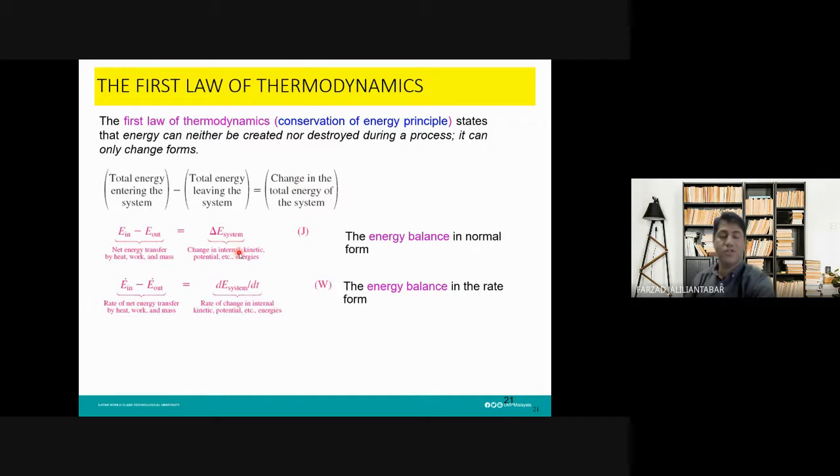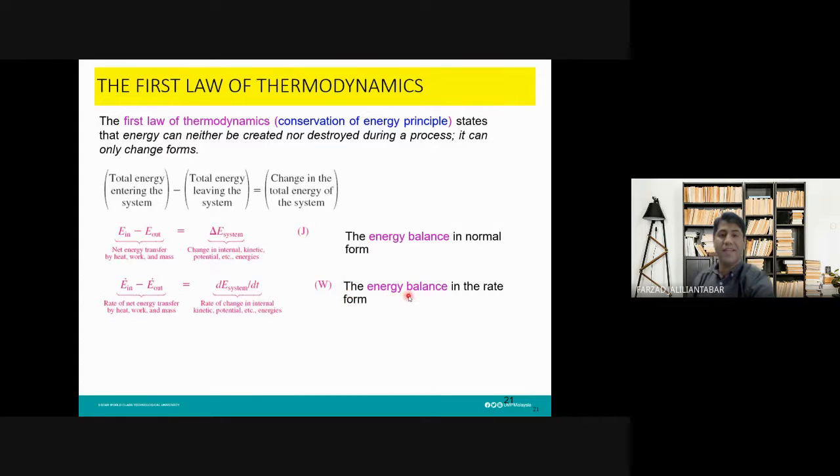And the change in the total energy of the system can be in different forms, like the change in kinetic energy, internal energy, potential energy, and other forms of energy. This is called the energy balance in normal form, which can be used to study the change in the energy of the system due to the energy which comes in or goes out of the system.